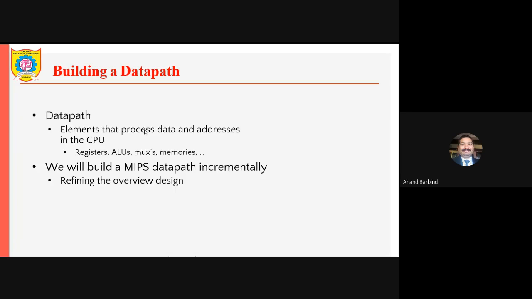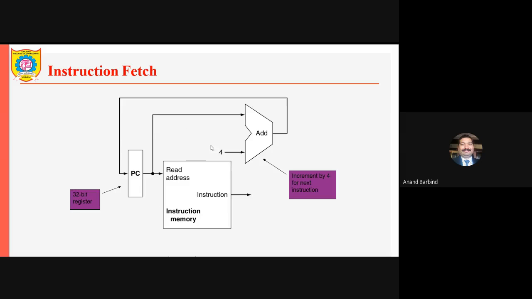Data path refers to the data that flows from one element of the processor to the other element, the elements that process the data and addresses in the CPU. These are the registers, ALUs, multiplexers, and memories. Let us see how the data path can be built incrementally between these elements. We shall define the design of this control unit.